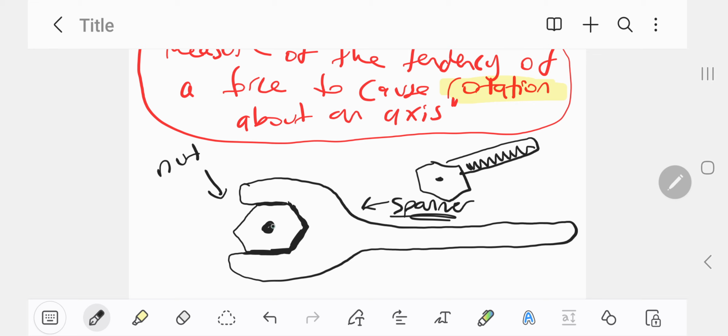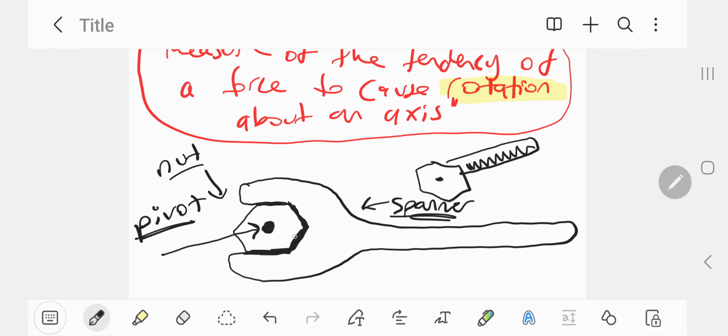Now the center of the nut, this thing here, is called the pivot. The pivot is the point about which the spanner causes it to rotate. So it's a center of motion, in other words. It's also known as a hinge, but pivot is what it's commonly known as.